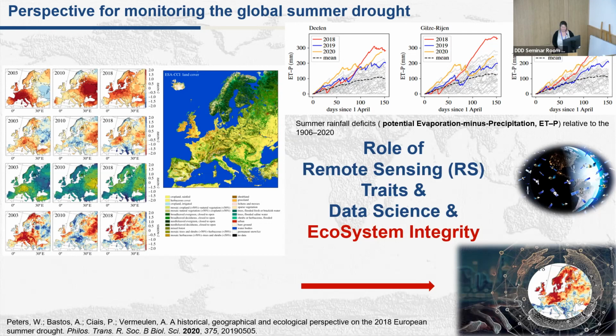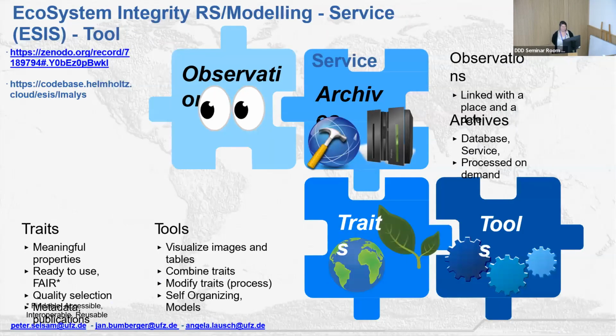That's why the goal was to develop a tool that can manage and quantify integrity indicators based on different remote sensing data. This tool you can download from GitLab now, it's ready, and also the documentation of that.